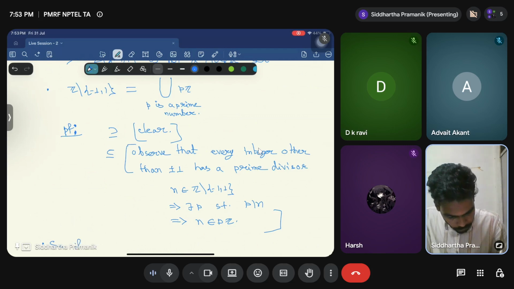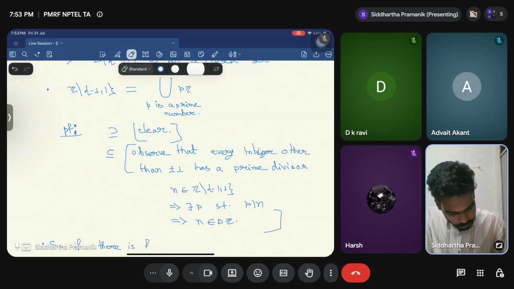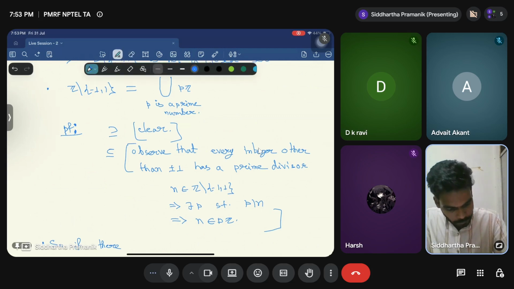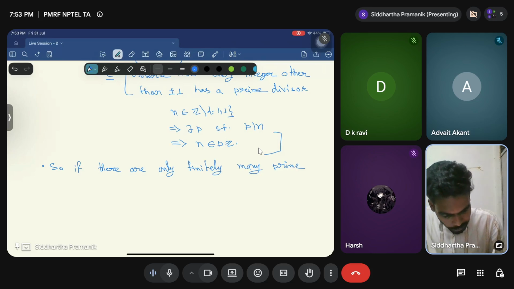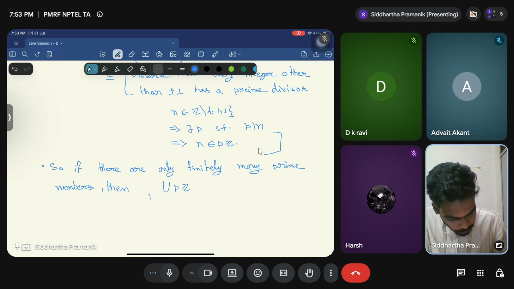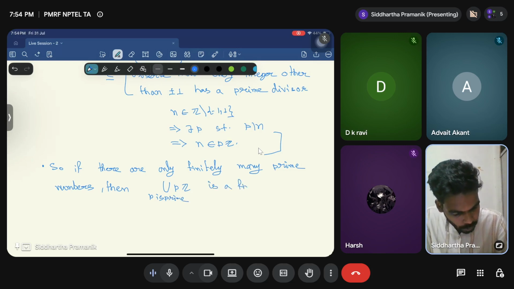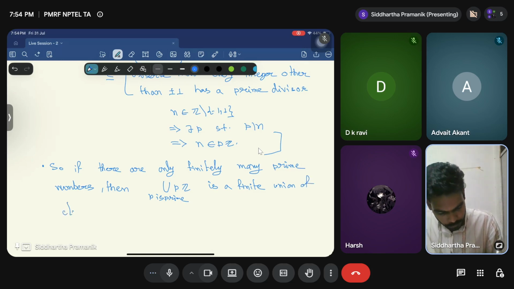So if there are only finitely many prime numbers, then this union of pZ, where p is prime, is a finite union of closed sets.